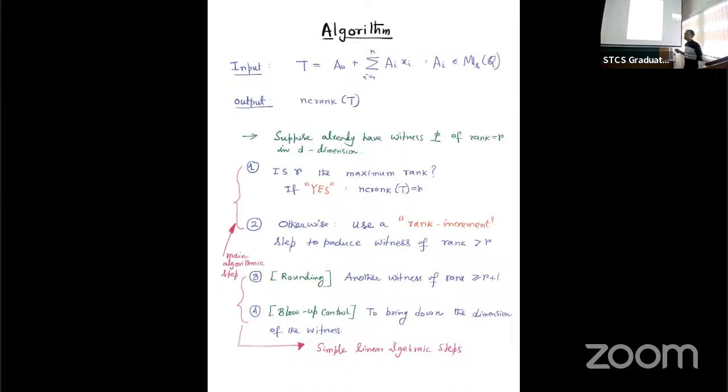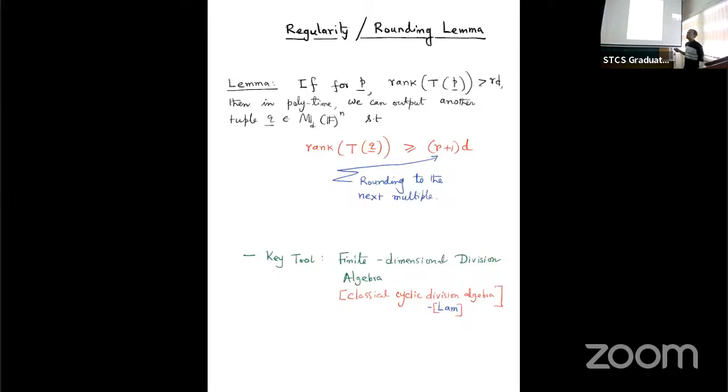Basically, Mridhan's question: suppose you're given a witness P that says the rank is at least R, and it's strictly greater than R. From P, can you construct a Q? So does the lemma actually give you an algorithmic process to get Q from P?